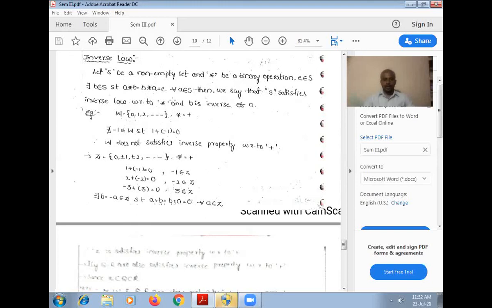So next I am taking the integer set Z equal to 0, plus or minus 1, plus or minus 2, and so on. Now star equal to plus.